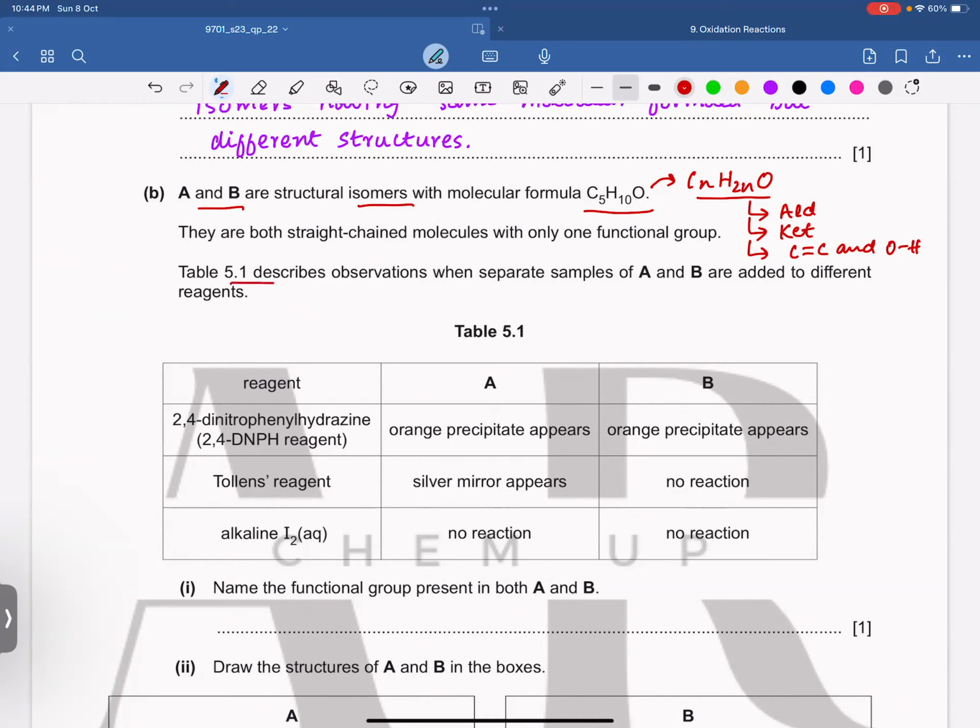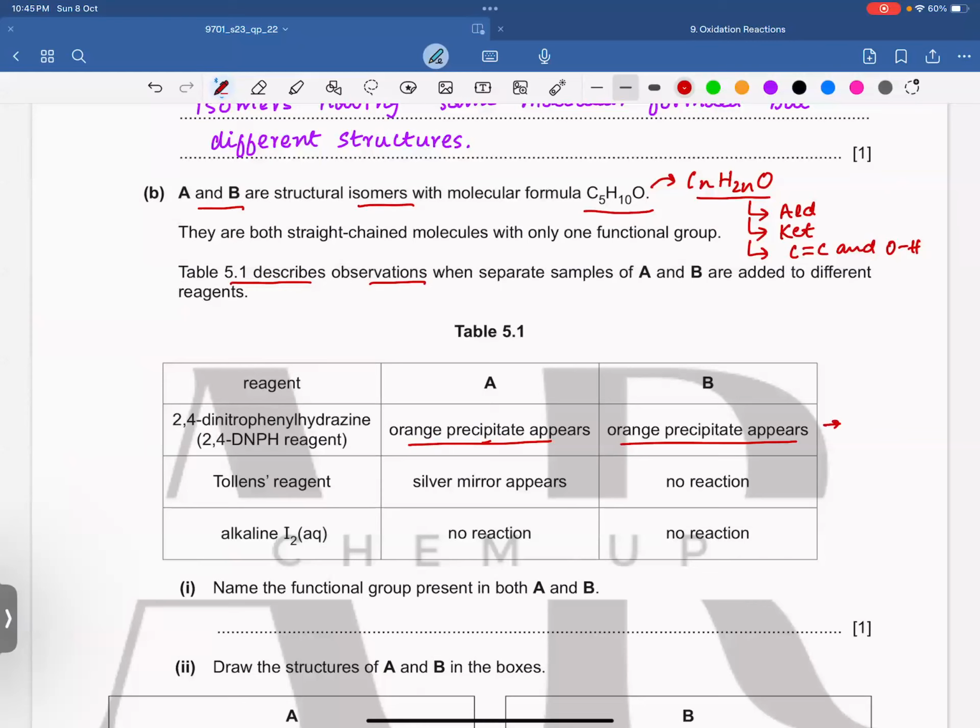This table 5.1 describes observations when separate samples of A and B are added to different reagents. So we are getting orange precipitates with 2,4-DNPH for both A and B.